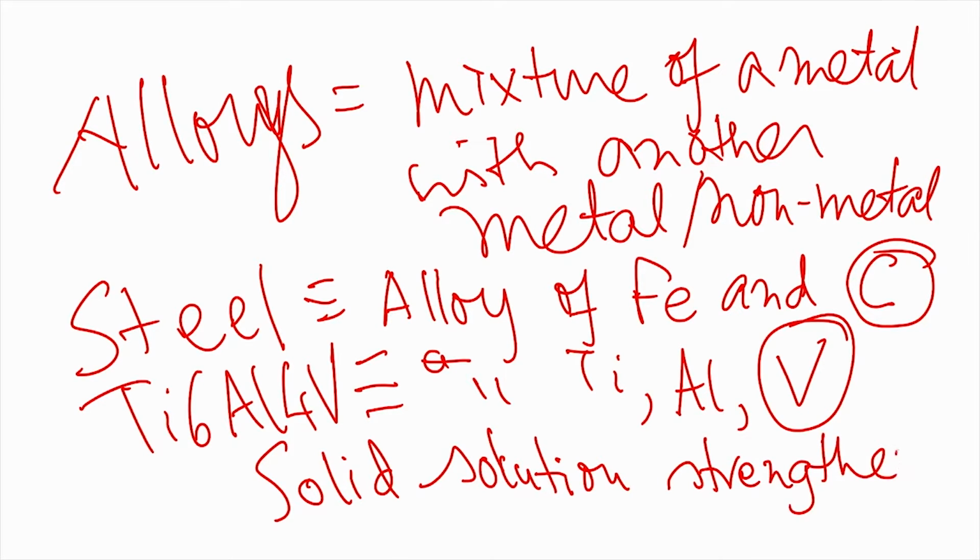It means that carbon goes into solid solution in the iron lattice, and therefore it restricts the dislocation motion, and this dislocation motion essentially gives rise to ductility in the metal. The moment dislocation motion is restricted in any material, the strength of that material will go up. That is the underlying mechanism of how solid solution strengthening increases the strength of any metal.